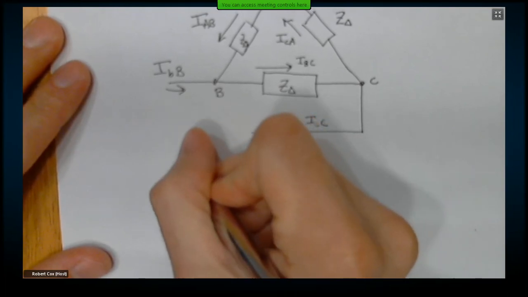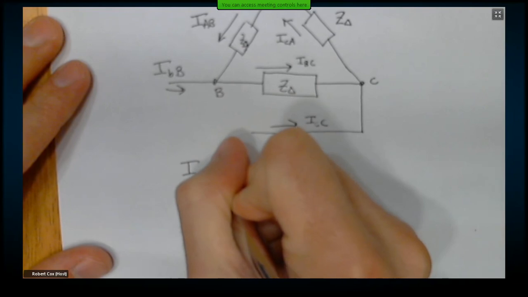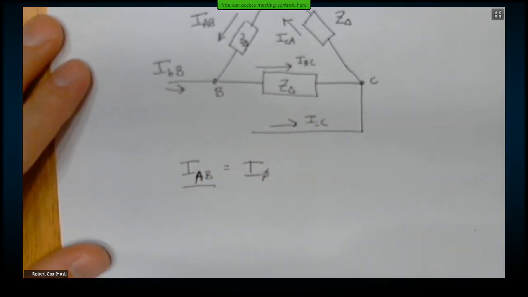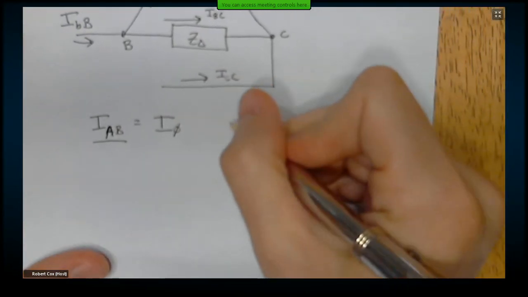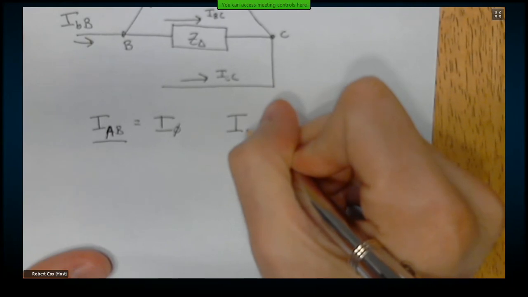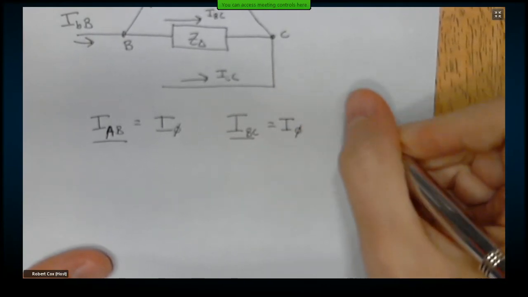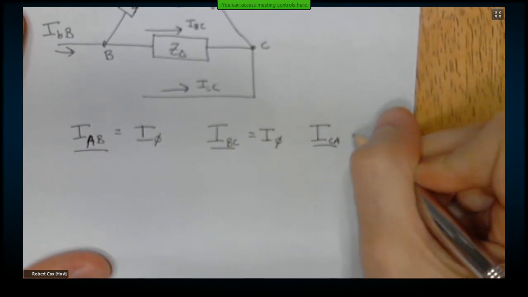I'm going to say that I_AB has a magnitude I_phase, and the same for BC and for CA.